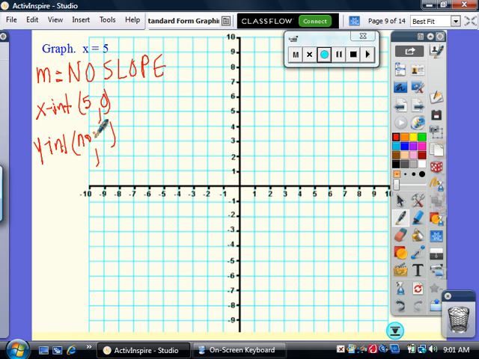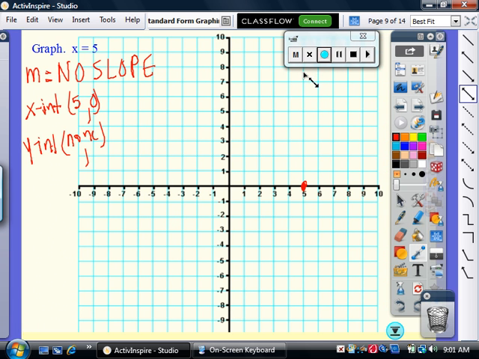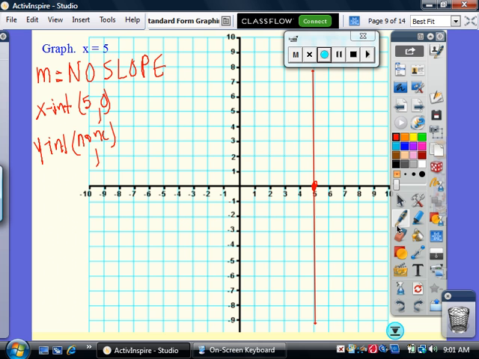It doesn't. Not even at 0. And so here's my 5. And here is my vertical line. That's it. Agreed? To me, those are even easier. I mean, really didn't have to think. I just recognize what kind of line it is.